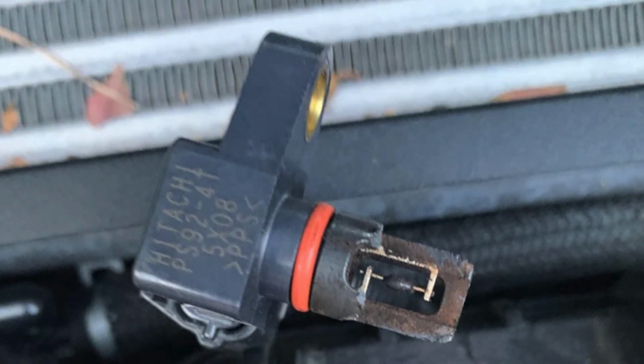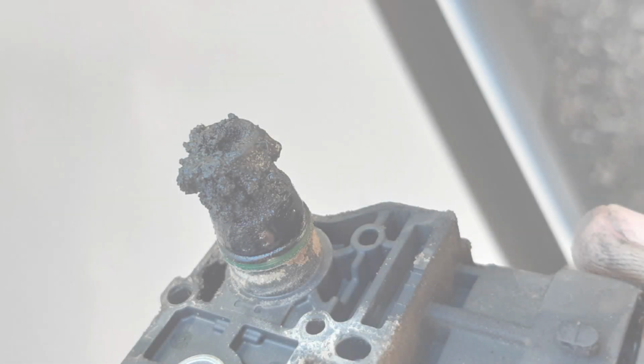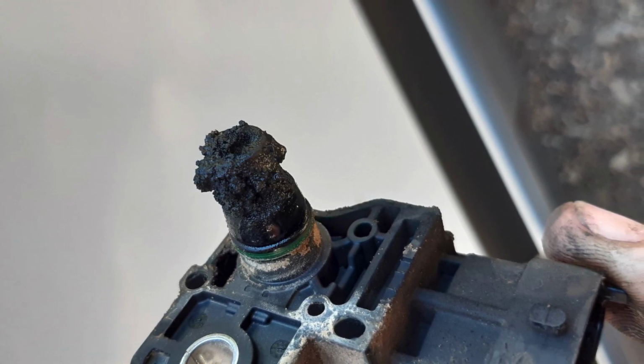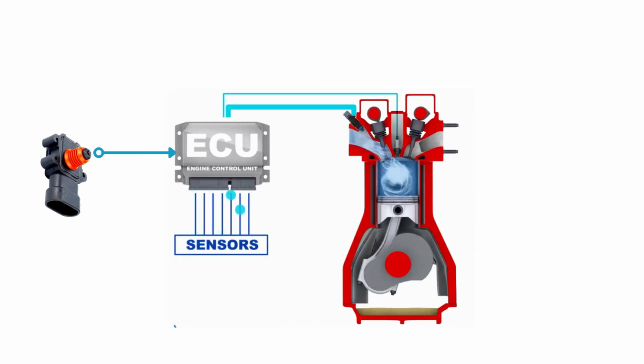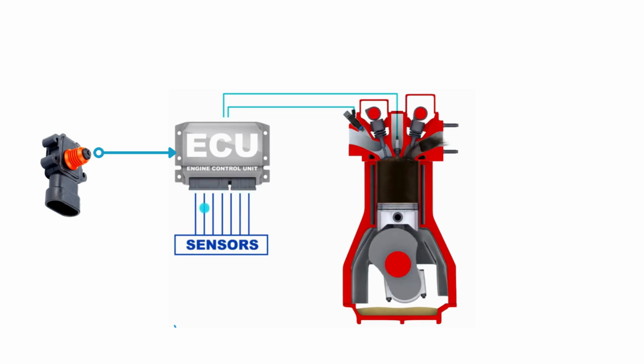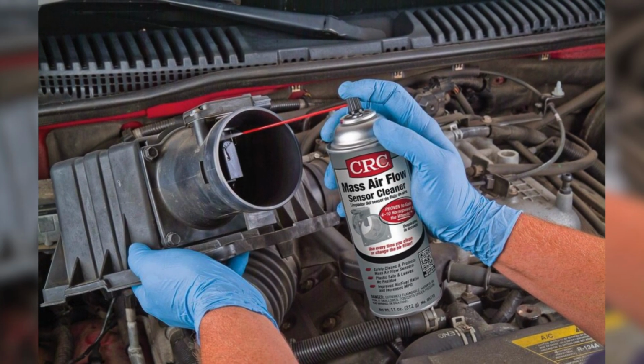As a result, the readings sent to the ECM become inaccurate. Even a thin layer of contamination can cause the sensor to send weak, delayed, or incorrect signals. And when the ECM sees MAP readings that don't match actual engine operating conditions, it may trigger the P0105 trouble code.